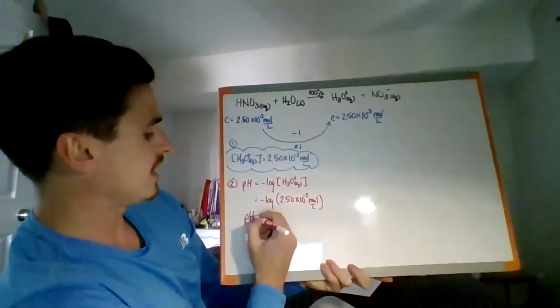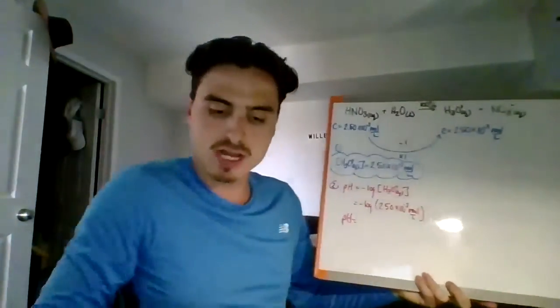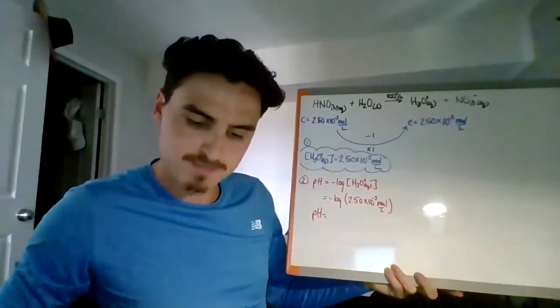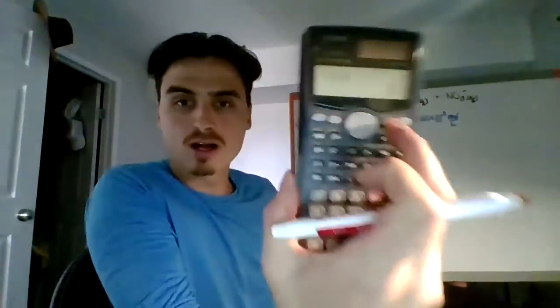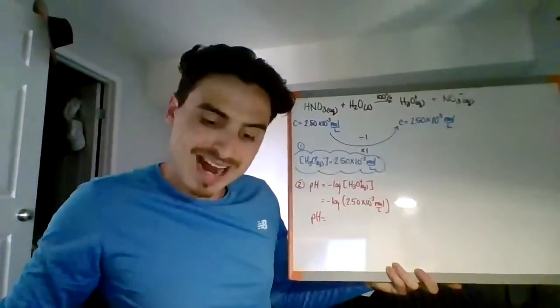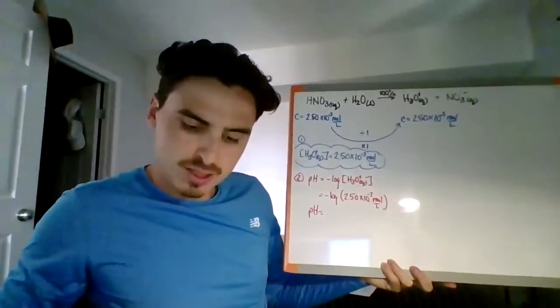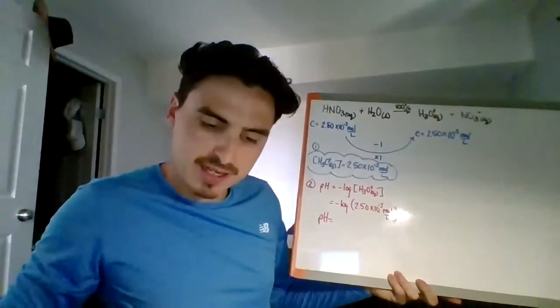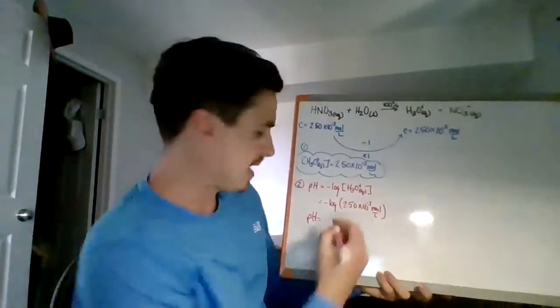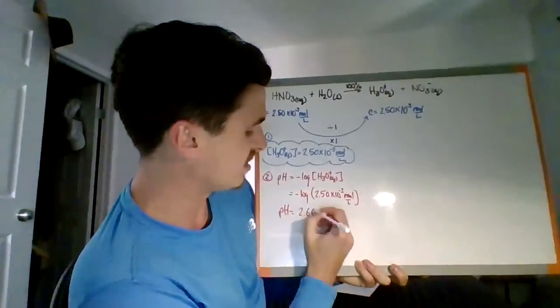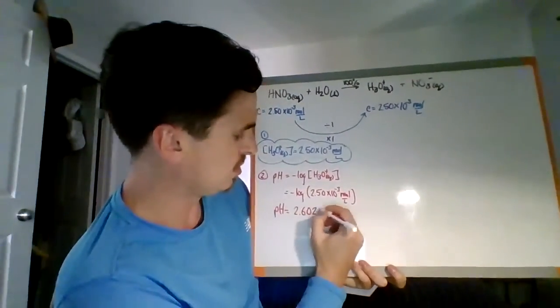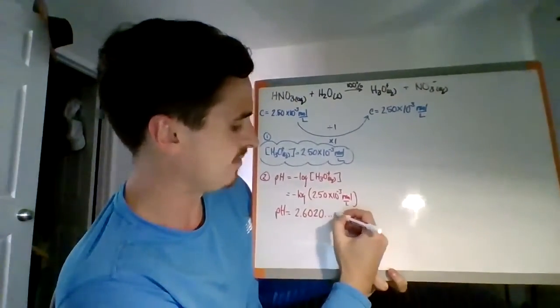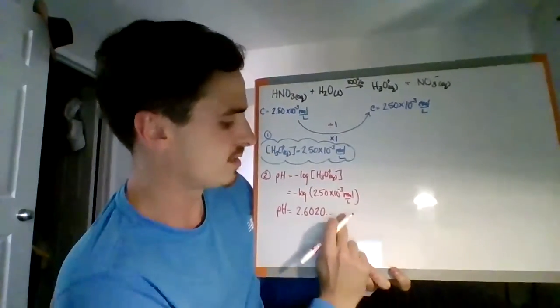Get my handy dandy calculator out because it's a challenging calculation to do in my head. So I'm going to do negative log like that, bracket 2.5 times 10 to the negative 3 close bracket, and I'm going to get 2.6020... no units. Okay, pH does not have units.